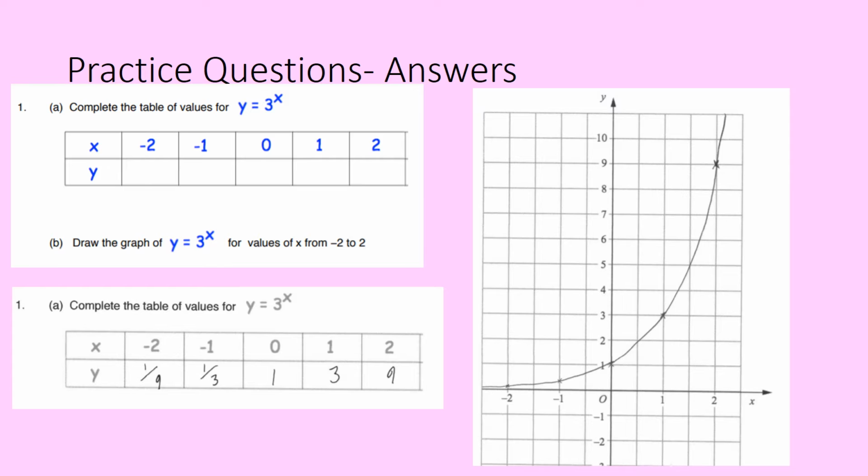Remember, every exponential function would be crossing through the point 0, 1. And when x is equal to 1, y is equal to 3, and when x is equal to 2, y is equal to 3 to the power of 2, which is 9. So then you should have plotted your points on a graph or on squared paper, and it should look something like this.